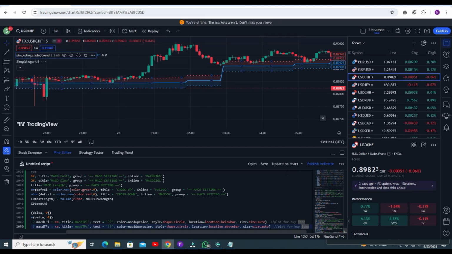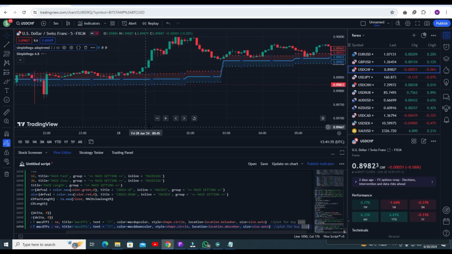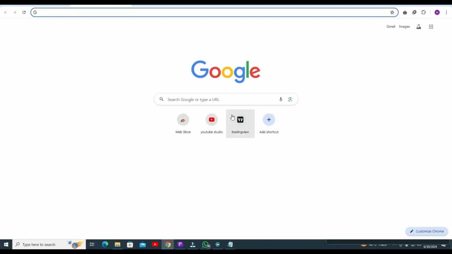After clicking on add to chart, the indicator is now adding. Let me show you. It's still compiling because of my internet connection. It disconnected, but now it's connected again, and that's why it's taking some time.